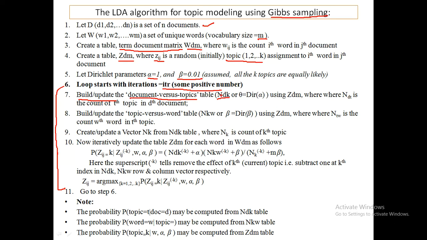This matrix can be created using ZDM, where each value NDT is the count of ith topic in dth document.